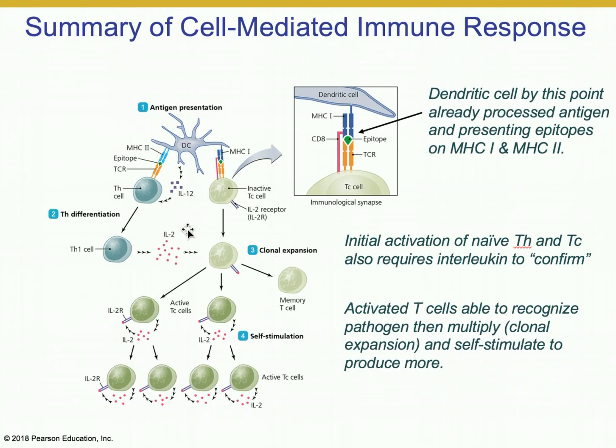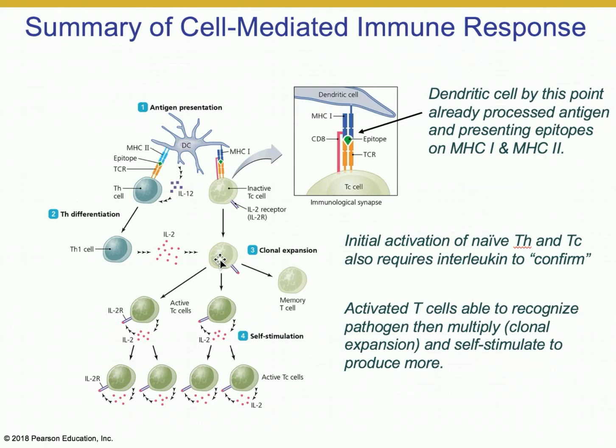Well, when the body decides to mount an immune response, it really wants confirmation that this represents a real threat. So the fact that interleukins are being produced by the dendritic cell is letting these lymphocytes know that yes, this represents a real situation, and the T cell here, once activated, then stimulates this interleukin, which acts as a confirmation really, to tell these T cells that it's okay to differentiate.